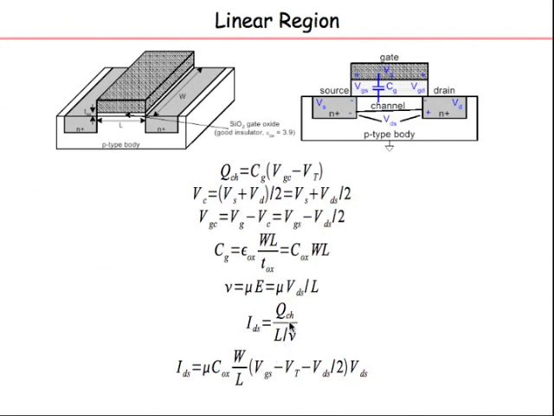The channel charge is the capacitance, Cox WL, times the overdrive. Overdrive is VGS minus VT minus VDS by 2. Okay. Now that is the channel charge. I should have probably put an equation for channel charge out here just to make it clear. Now once I have the channel charge, the charge is moving because I have put in a gradient.